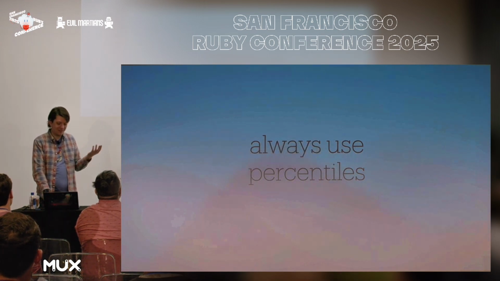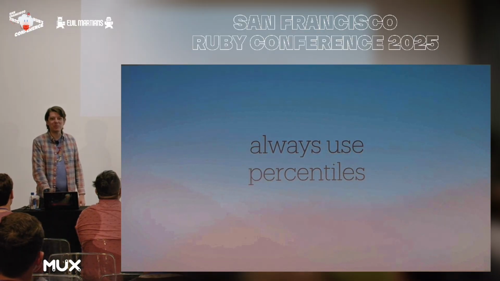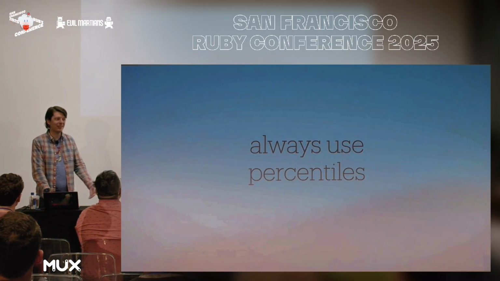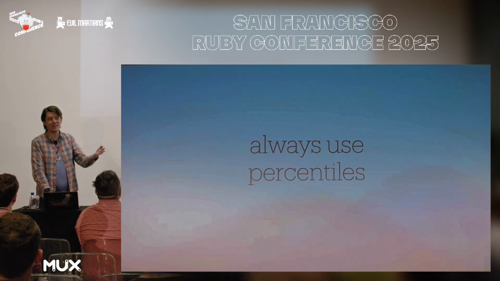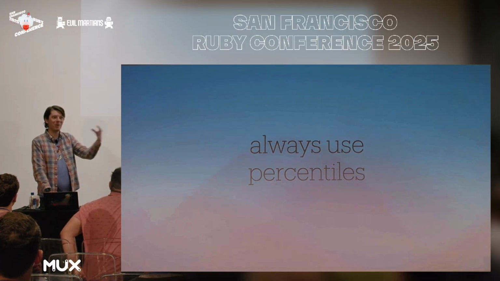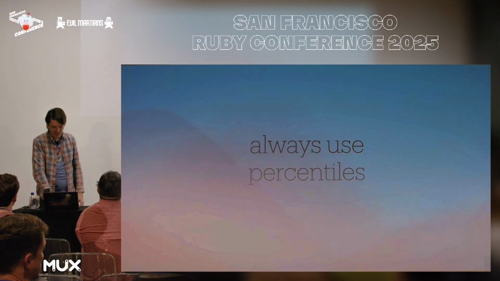You can grow your service until you reach the point where the only numbers you actually care about are the 4 or 5 or 6 nines percentile, because that is the number that indicates a large group of people, more people than are at this conference, had some really horrible experience with your app.